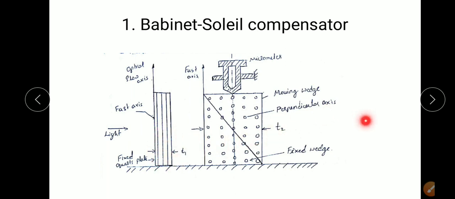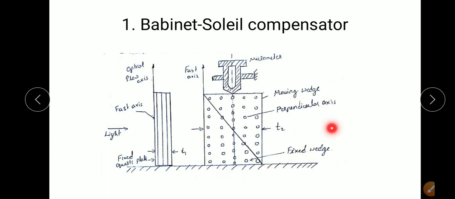But T1 may be greater than or lesser than T2. If T1 is greater than T2, a positive retardation takes place. If T1 is lesser than T2, a negative retardation takes place. That is how the Babinet-Soleil compensator works.